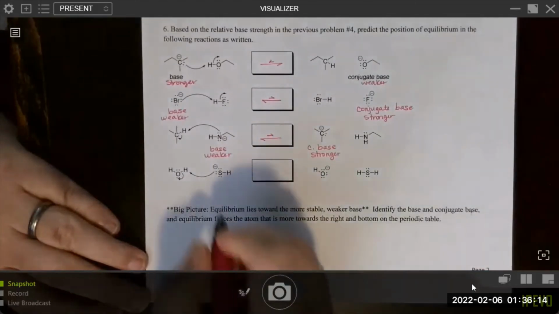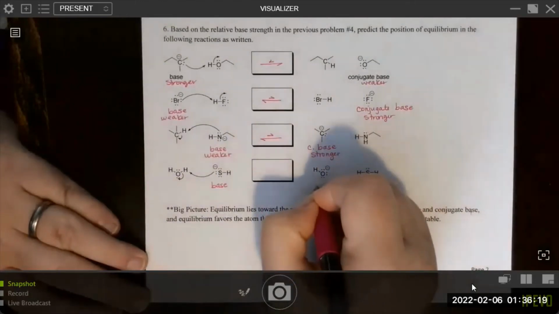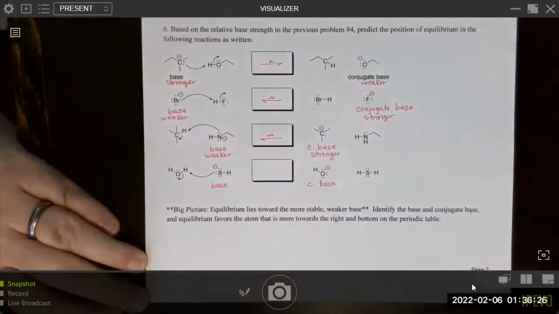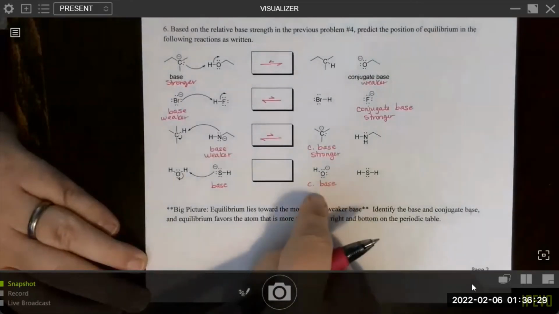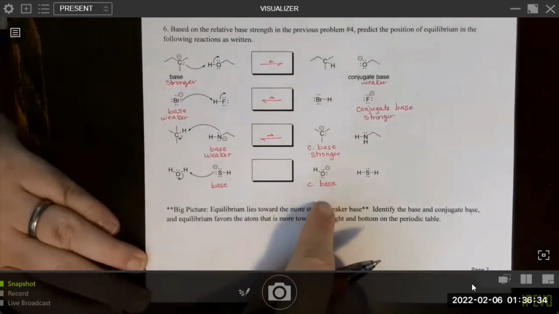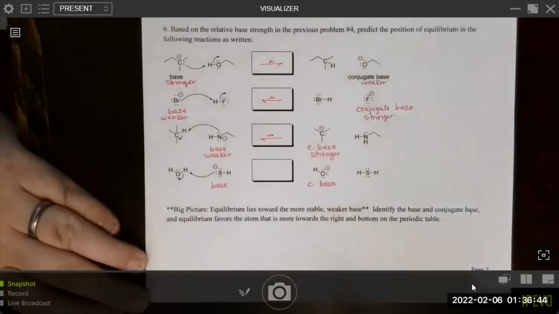And then in this case, now we have a sulfur base and one that deals with an oxygen atom. So what's the difference here? Oxygen is above sulfur on the periodic table. The most important difference here is actually not electronegativity, but size. We said that larger atoms have a better ability to stabilize a negative charge due to the increased space.